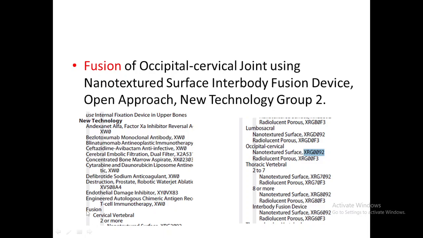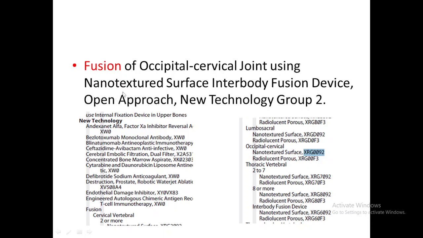If you go directly from fusion to occipital cervical, then you are coding in the medical and surgical section, but here you should code in new technology. So new technology, fusion, and under fusion you should go for occipital cervical, and under occipital cervical, nano textured surface.